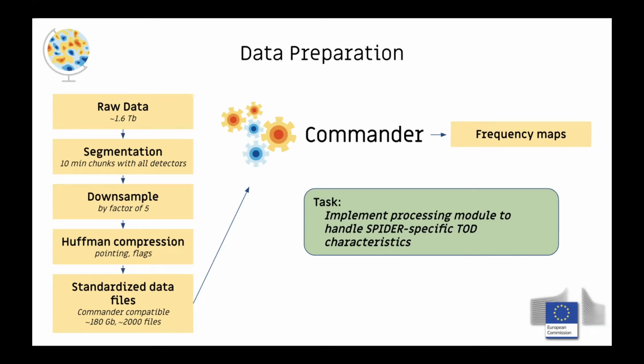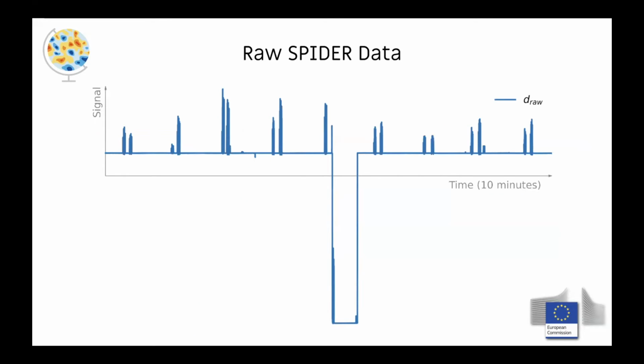Most of the code already exists inside of Commander in order to produce frequency maps. But we need to deal with any characteristics that the data set has that haven't been taken into account yet by the implementation for other data sets. For the Spider data, the big characteristic is huge jumps in the time streams.